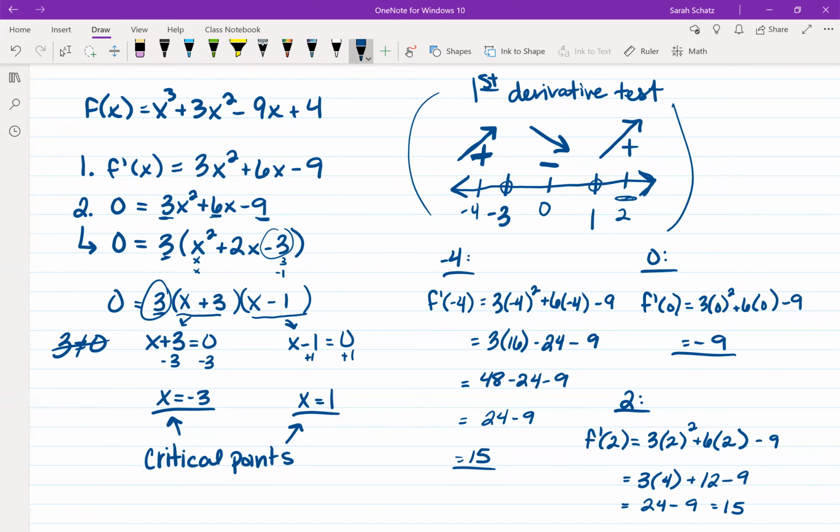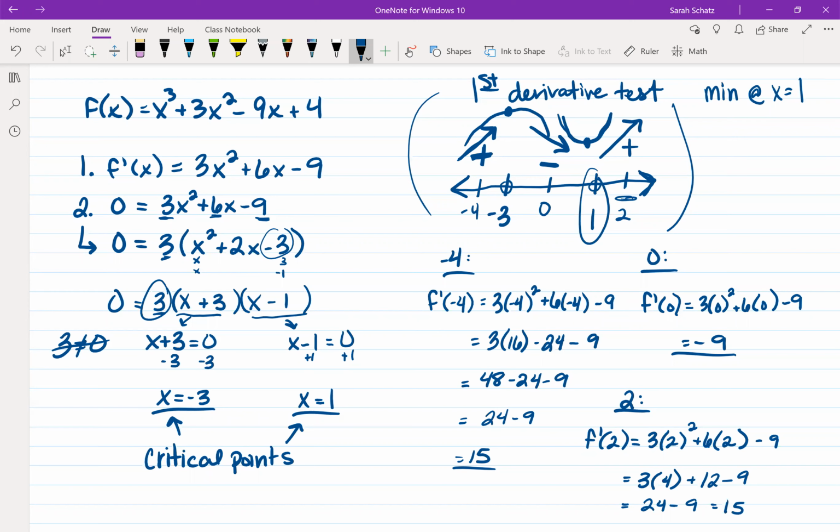Notice here at negative 3, we go from up to down, and that negative 3 point would be here. That's not a minimum. But notice here where we go down to up, that tells me that this point at positive 1 is a minimum. So our minimum occurs at x equals positive 1.